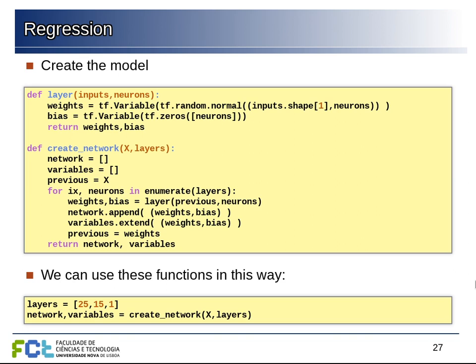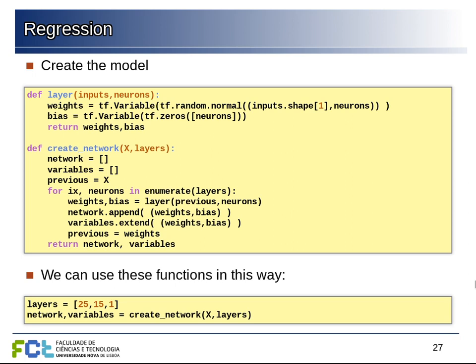So the shape of the weights will be: the number of rows is the number of features that we will have in the input. So it's the number of columns in the input matrix, and that is what we have here. And the number of columns in the weights matrix is the number of neurons. So this creates a variable, a tensor, with the weights of our neurons. And this creates the biases for our neurons and returns both variables.